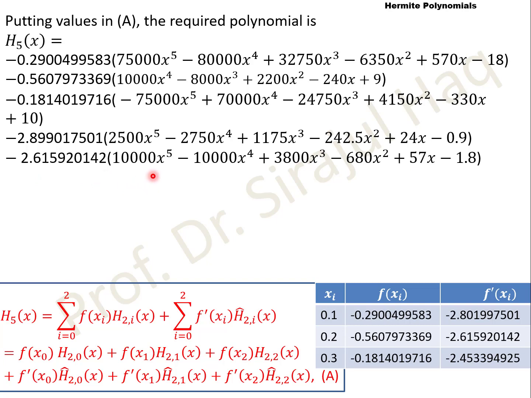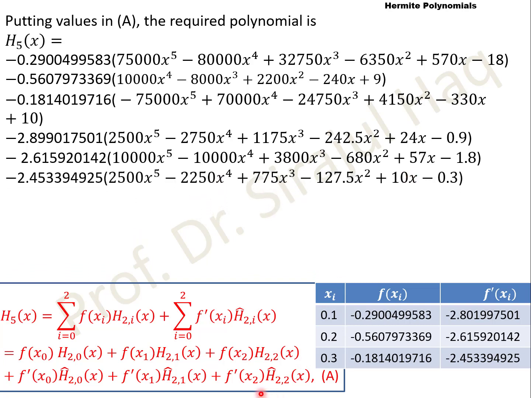Multiply by this, the value of h21 hat, the polynomial h21 hat. And for this term, f prime at x2 is given by this value, which we need. Multiply by h22 hat, the polynomial of h22 hat.